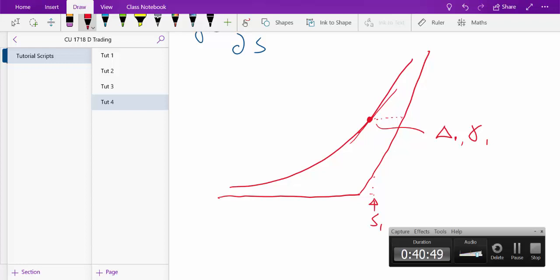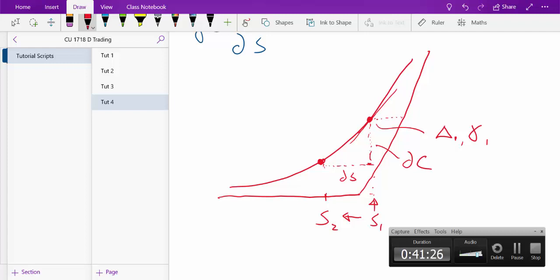All right. Now let's imagine, in the next instant, the price goes to here. So now the price is S2. So the price has dropped a little bit. Of course your option value will be here. So you've gone from here. This is the change in your option value, correct? Because this is the change in the stock value.